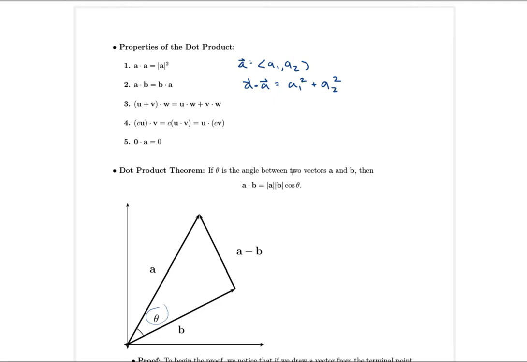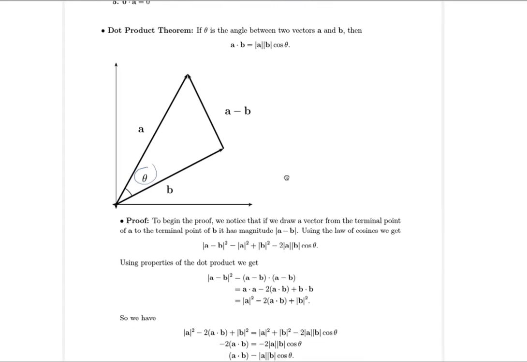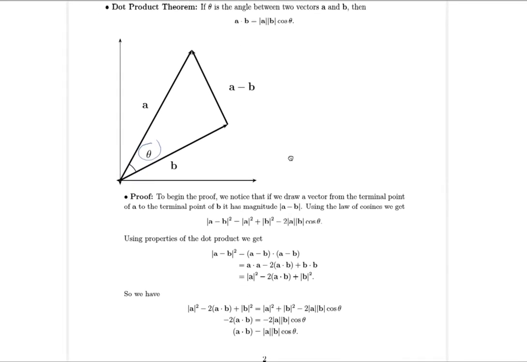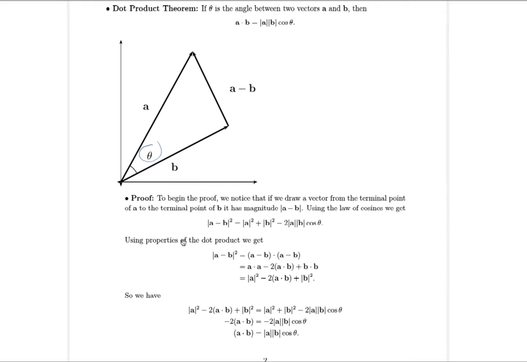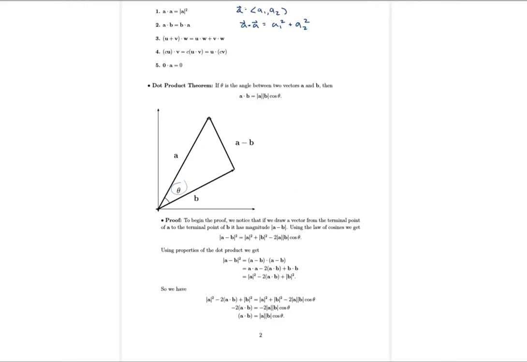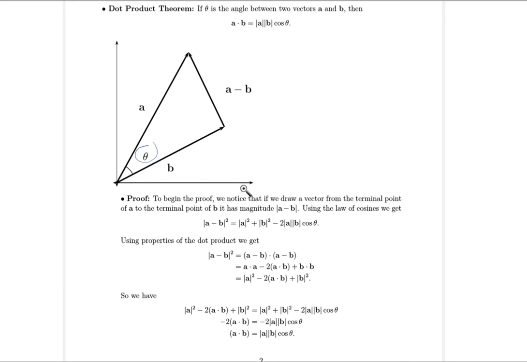At first that might be a little surprising, but I put a little proof down here, and this proof just uses trigonometry. You start by setting up this picture, and this vector here that goes to there is a minus b.